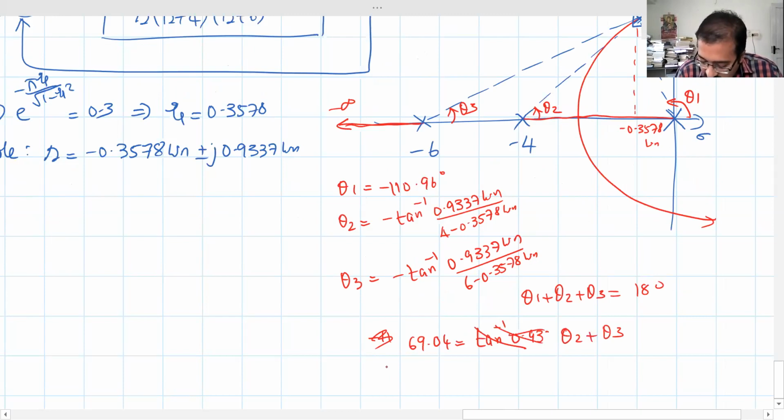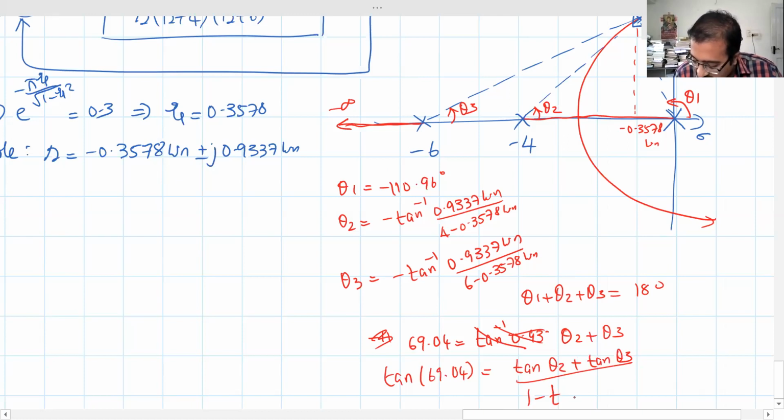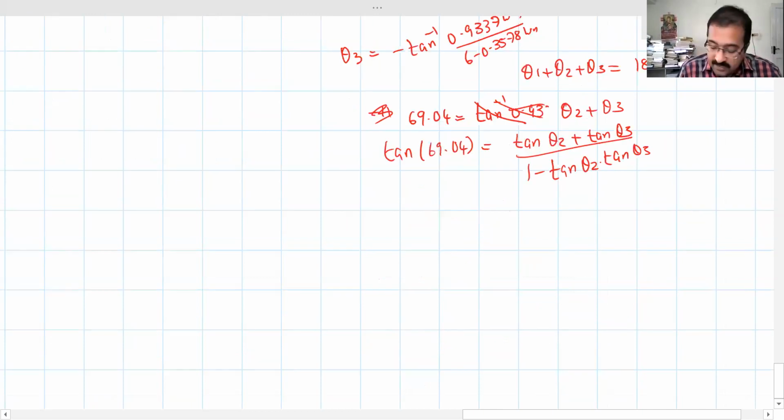Take tangent on both sides: tan of 69.04 will be tan theta 2 plus tan theta 3 divided by 1 minus tan theta 2 into tan theta 3. If you solve these, you will eventually get omega n as 2.8145 radians per second.